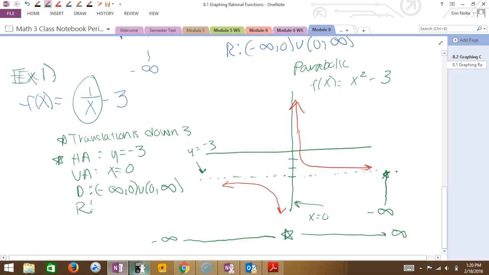My horizontal asymptote. But then from there I can just go on all the way up to infinity. So we can write this as starting at your lowest number, -infinity to what? -3, perfect. And -3 to infinity. Pretty simple, right?